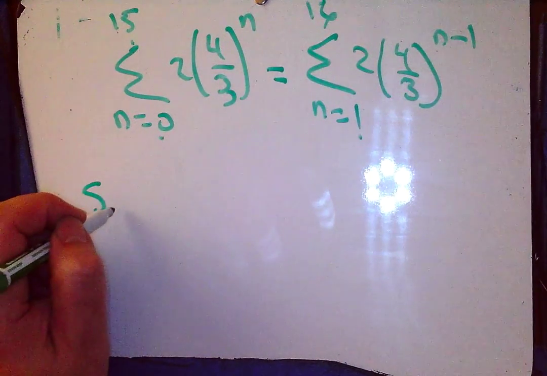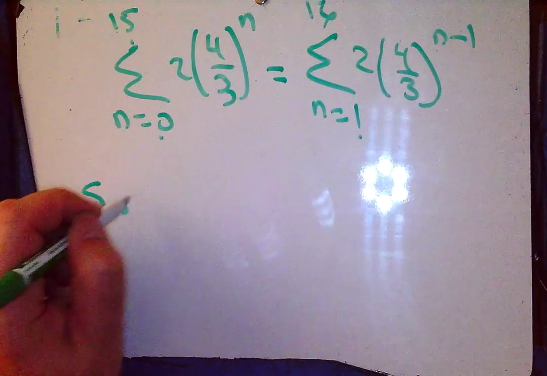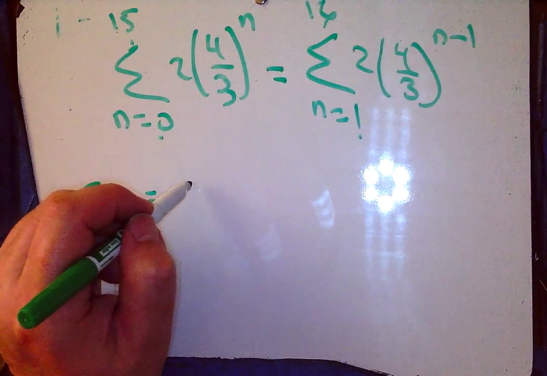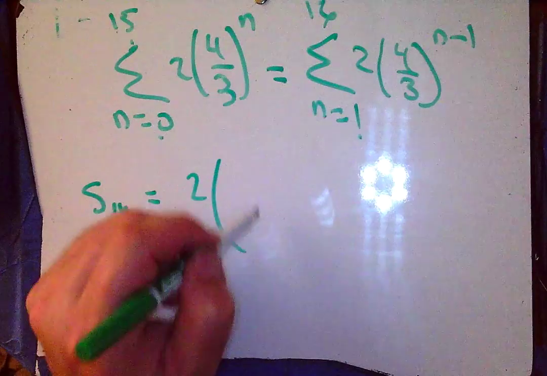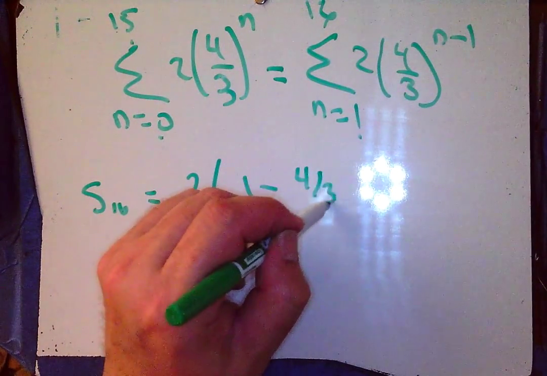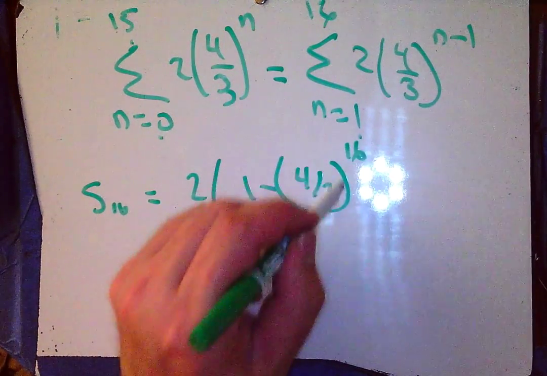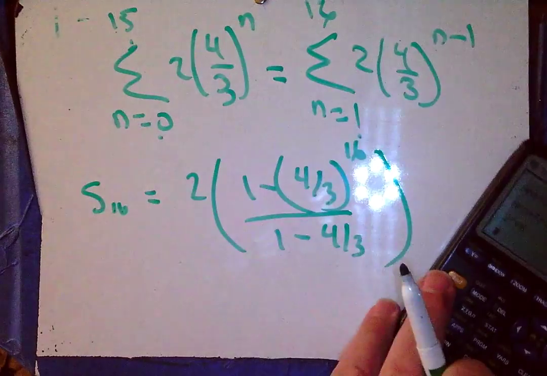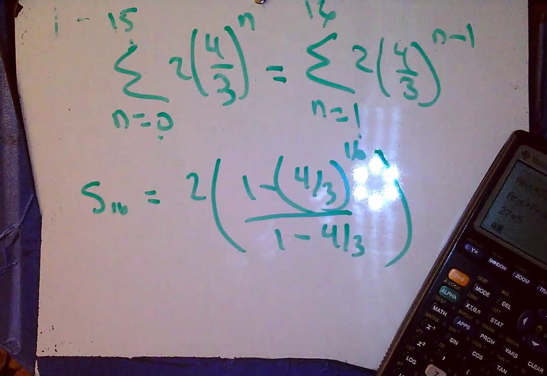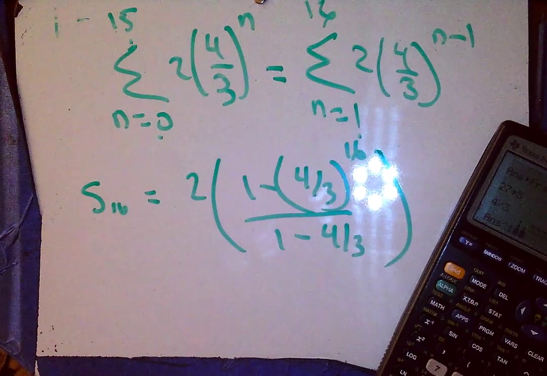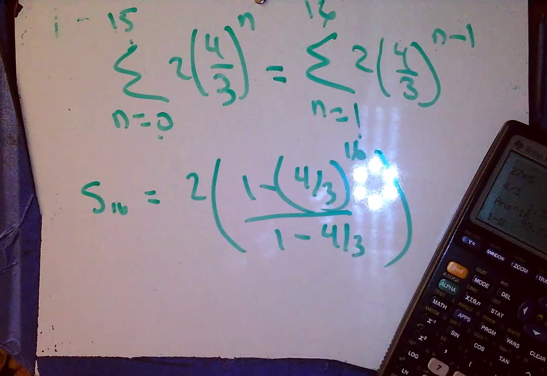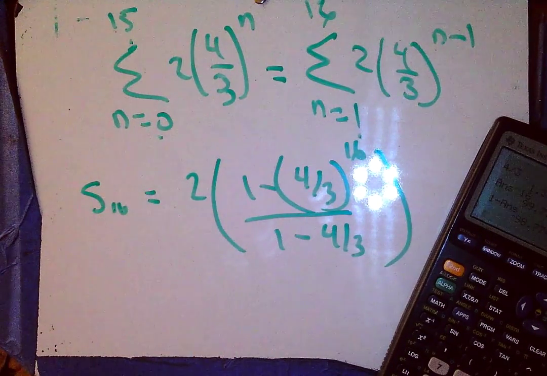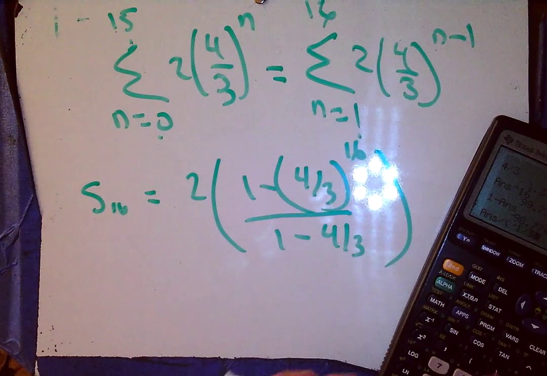So we use our shortcut formula now. The sum of 16 terms will be a sub 1, which is 2 times 1 minus 4/3 to the 16th over 1 minus 4/3. So 4 divided by 3 raised to the 16th power, 1 minus that answer, and then I want to divide that by negative 1 divided by 3.